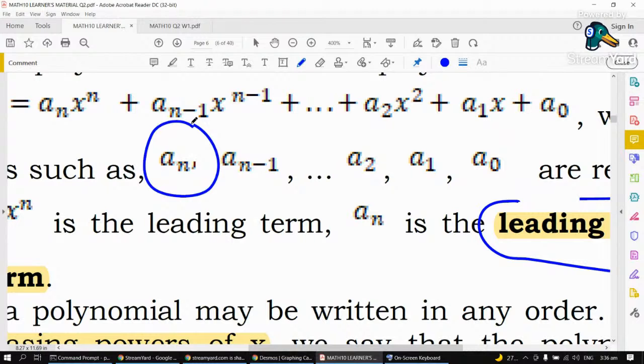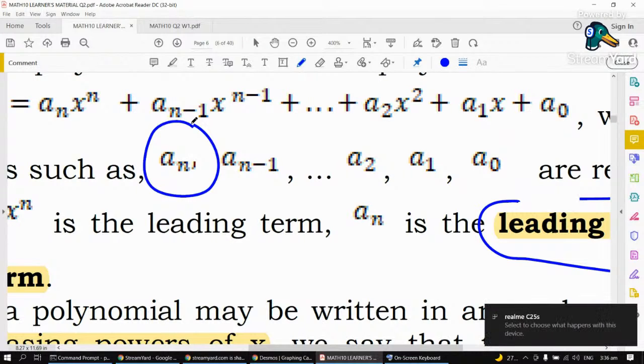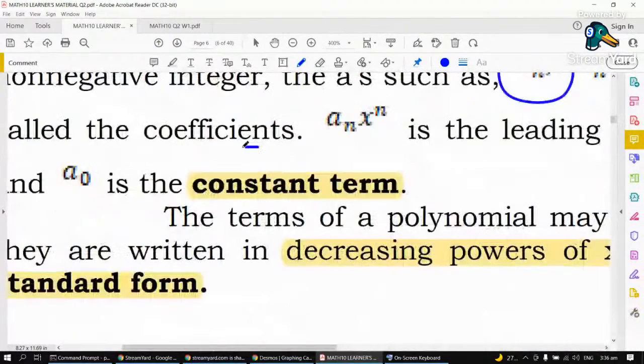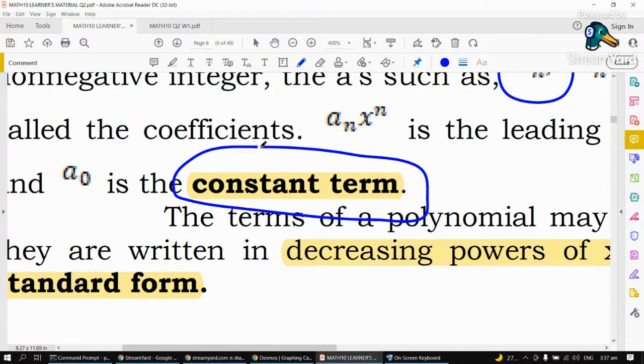Kung may pinakamalaking exponent, yun ang leading coefficient. So, meron din tayong tinatawag na constant term. Ito yung mga term na nakikita natin na wala siyang kasamang letter or wala siyang x.